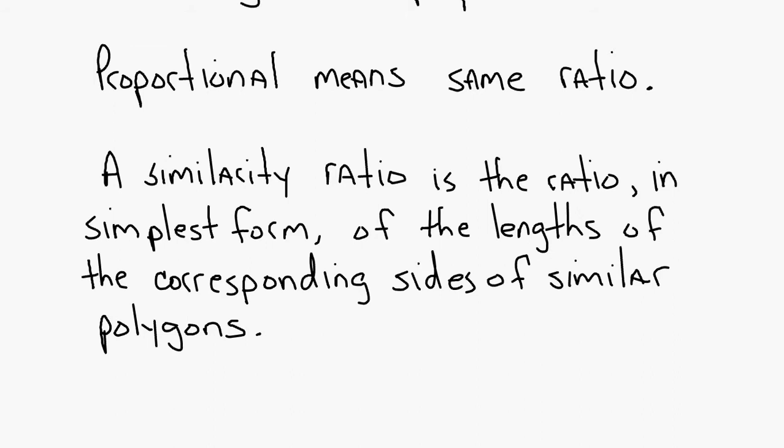So, the first example on the bottom of page 466 asks you to identify the pairs of congruent angles and corresponding sides. And they give you two triangles. So, here's one of them.